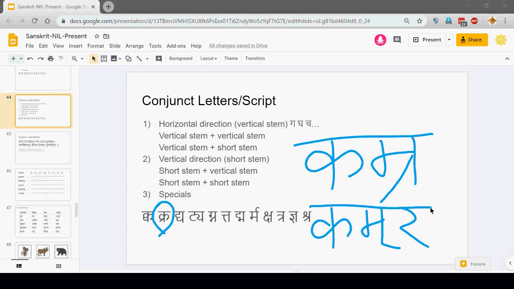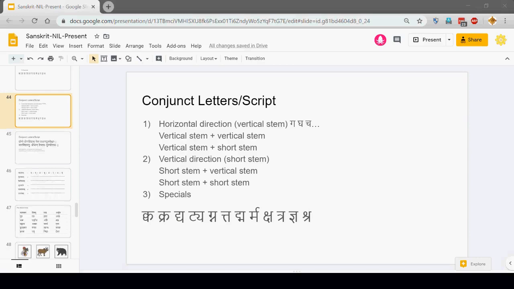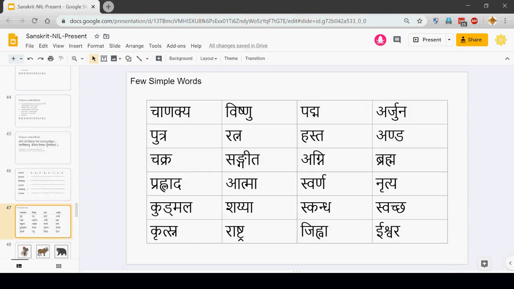So that is kamra, not karma. The diagonal line indicates ra is following. The hook indicates ra is first. So this is Arjuna.